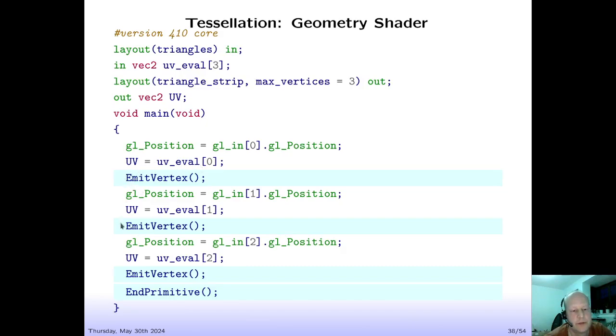It'll do that 3 times for the 3 points, and then it ends the primitive, it ends the triangle. So this is a trivial geometry shader, but you can of course use a geometry shader to do other things, like for example doing an exploding view or something like that, or displaying normal vectors.